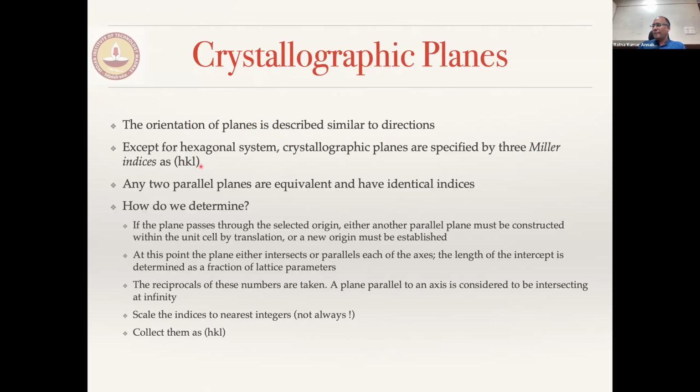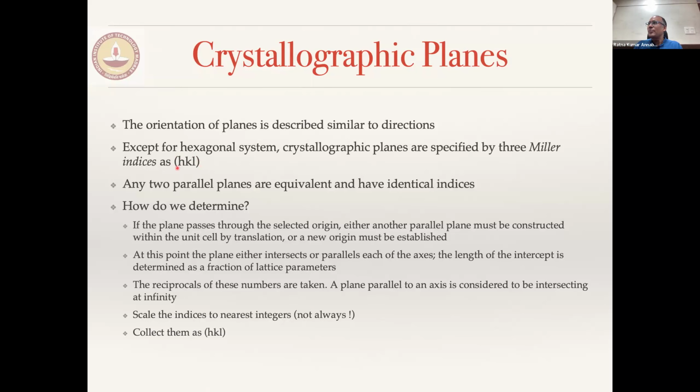The point I would like you to recognize is the following. If you are representing points, there are no enclosures. A direction is represented by a square enclosure, and a family of directions by an angular enclosure.